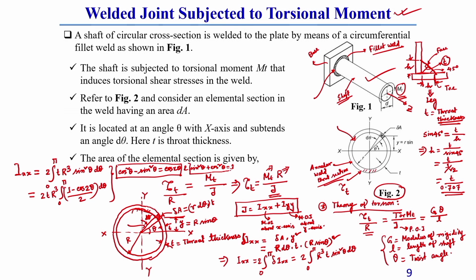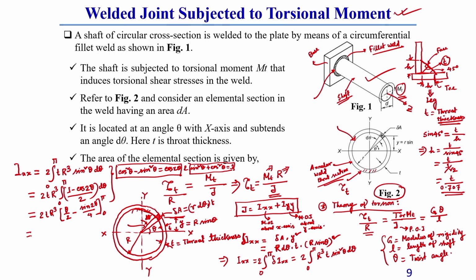Based on these two formulas you can find sin square theta equal to 1 minus cos 2 theta by 2. If we do the integration, you will get 2 t r cube times theta by 2 minus sin 2 theta by 4, whole to the power 0 to pi.